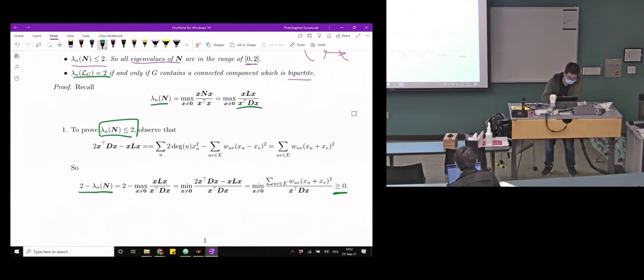Let's look at this first. 2 minus lambda n is just this thing.